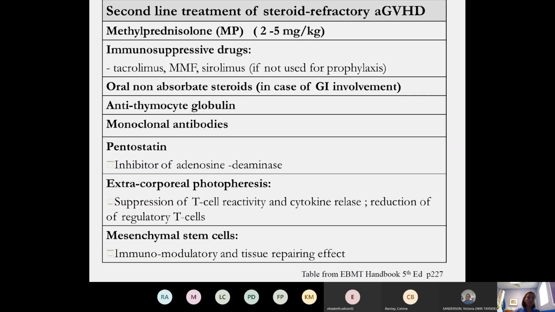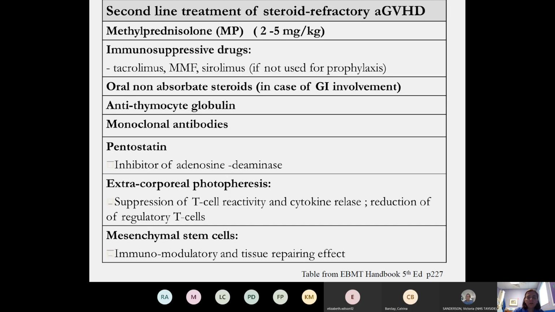So these are second line treatment of steroid refractory GVHD. So some people would say put the steroid dose up, and that sometimes works. We often add in other immunosuppressive drugs from a different class. There's no point adding tacrolimus to cyclosporin because it's the same class of drug, but we might add in MMF or sirolimus.